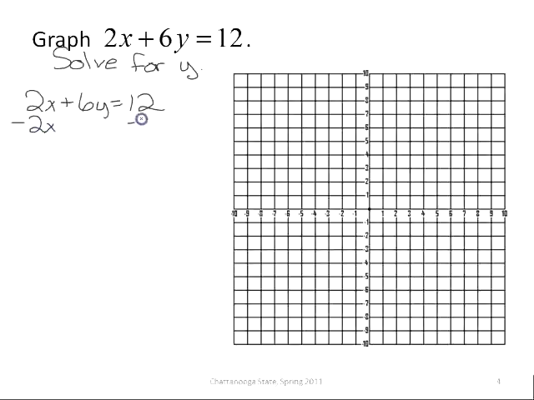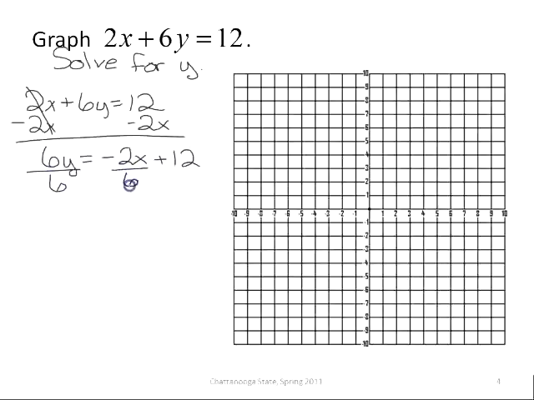That means I need to subtract the 2x from both sides. The 2x is in the way over here. So I get rid of it on the left side. That leaves me with just 6y on the left, but it gives me -2x plus 12 on the right side. Now I want to divide by 6.